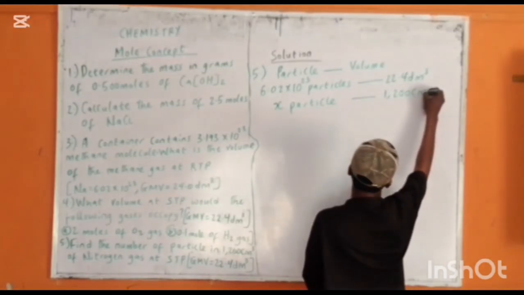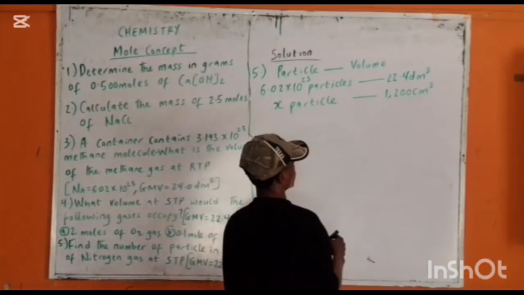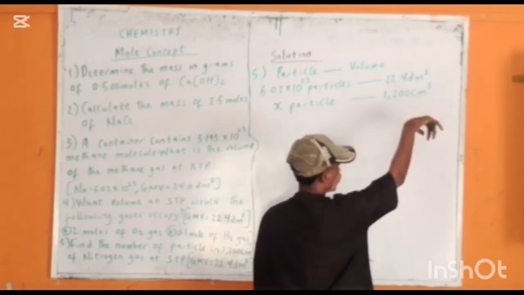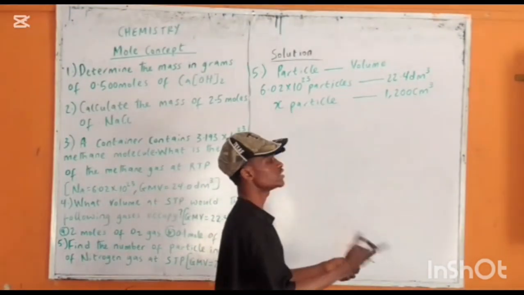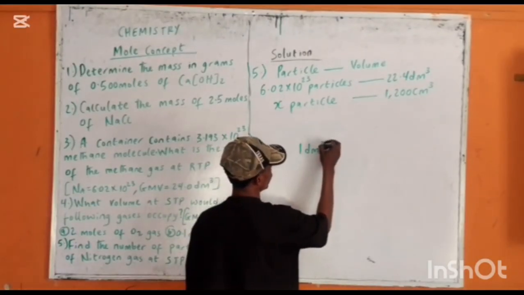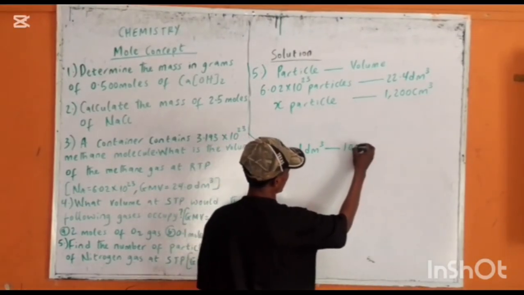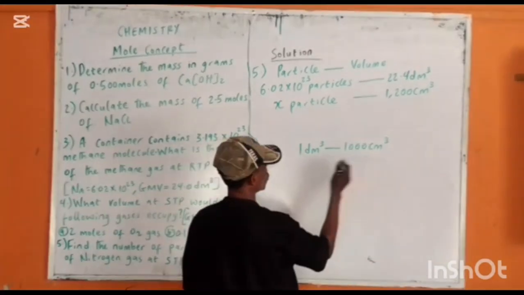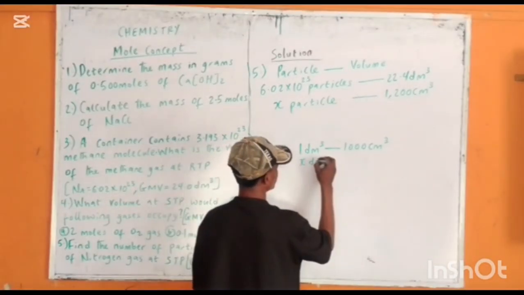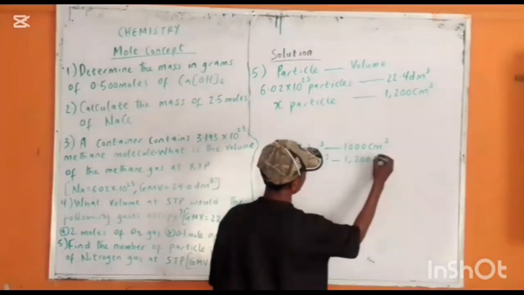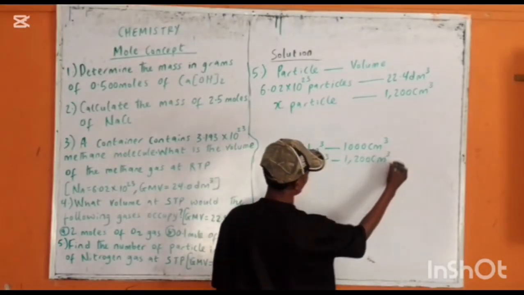Now I'm having my value here in cm cube. So what do I do? I convert to dm cube. So 1 dm cube will be 1000 cm cube. So x dm cube will be what? 1200 cm cube.